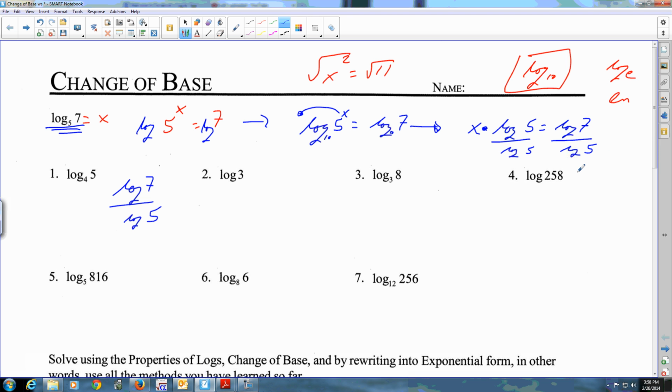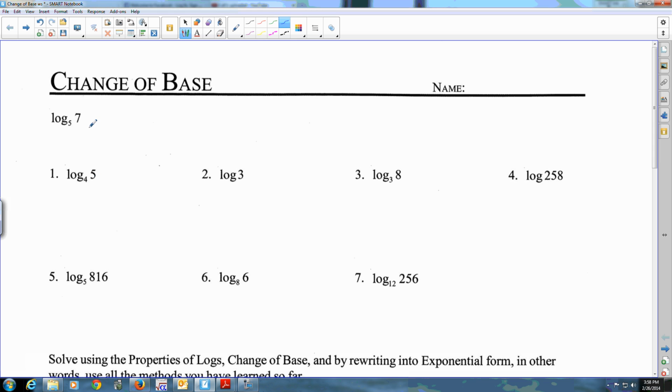You're just applying the rules for logarithms that you already know. So, to go through this process again, this would become log of 7 divided by log of 5. So this would be log of 5 divided by log of 4.